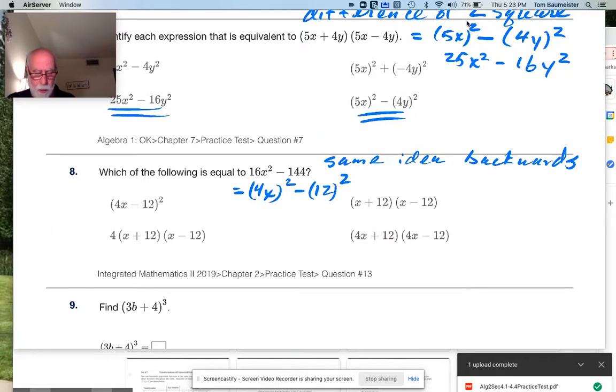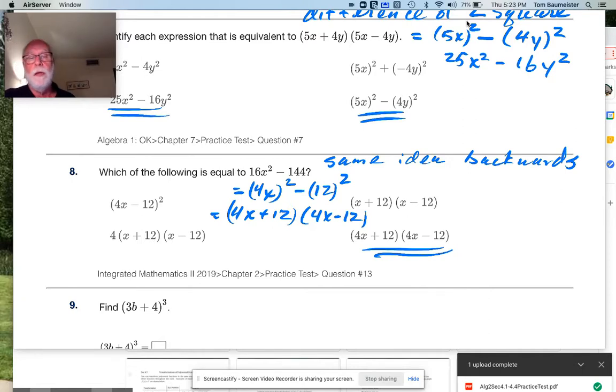All right. So this looks like the 5x squared minus 4y squared up above. And so then we can write it as a difference of squares. So we're going to write 4x plus 12, 4x minus 12. Okay, so that would be that one right there.